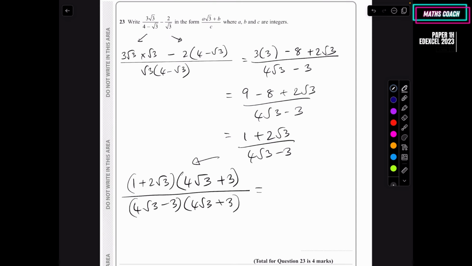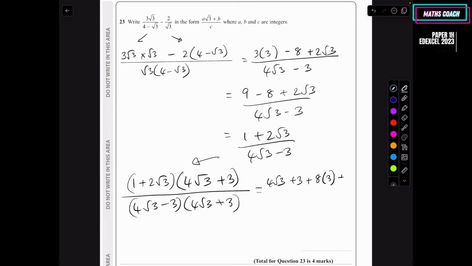So if we expand the top now, we have 1 times that, 1 times that, and then we'll do 2 root 3 times that, and 2 root 3 times that, and we'll do the same thing for the bottom. So we get 1 times 4 root 3, which is just 4 root 3. 1 times 3 is plus 3, and then 2 times 4 is 8. Root 3 times root 3 is 3. That's that.